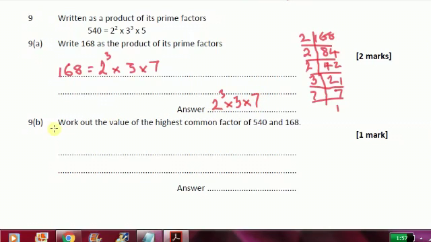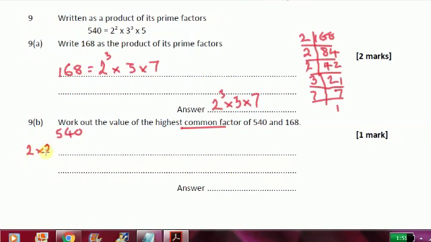Part B, work out the value of the highest common factor of 540 and 168. We've got both of these numbers as a product of their prime factors. So we've got to find the highest common factor. So we've got to see what is in common between them. I think I'll write 540 up here, and then I'll write them out in long form. So 2 squared, I'll write it as 2 times 2.